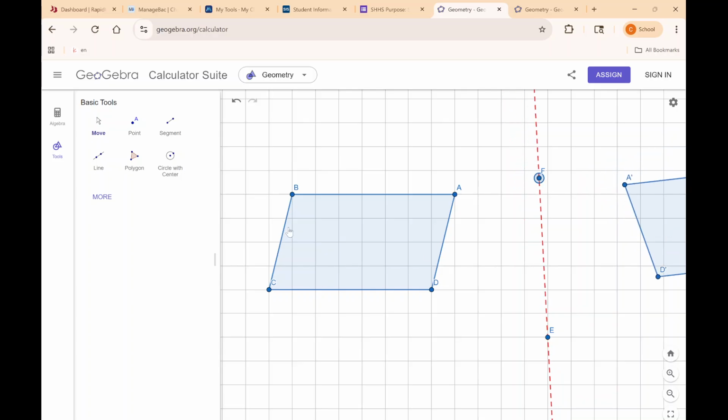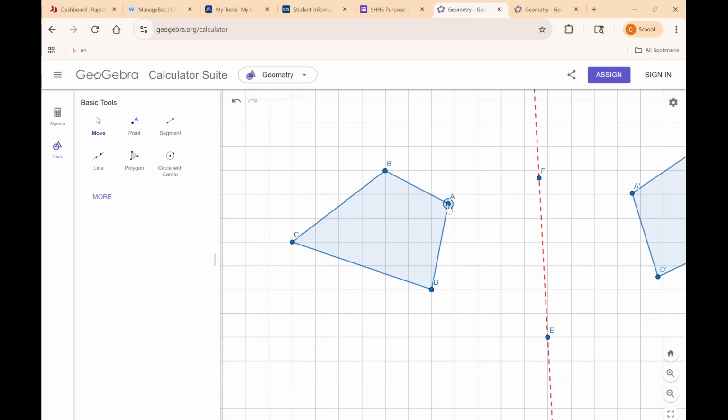Okay, a rhombus. To build our rhombus, we're going to use some Pythagorean tricks here. So I'm going to put B right there, and then I'm going to move this so that it is going 4 over and 3 down, because that way I know that this diagonal here by Pythagorean theorem is exactly 5 units long.